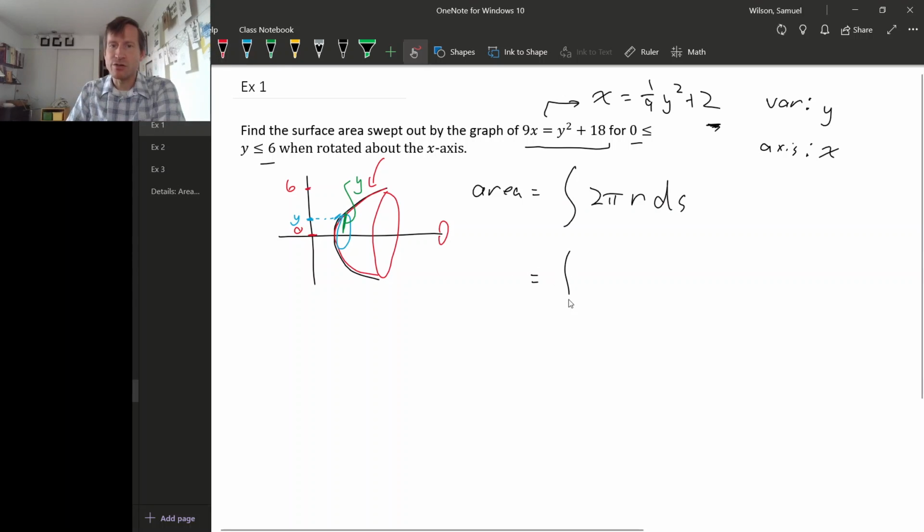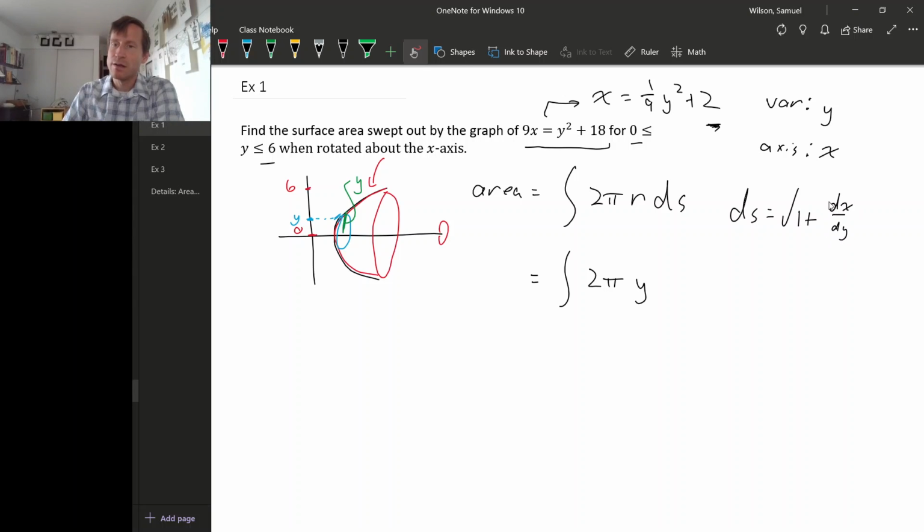So for our integral, r is actually just y. We need to write ds in terms of our independent variable, which is y in this case. And ds in terms of y is the square root of 1 + (dx/dy)² dy.